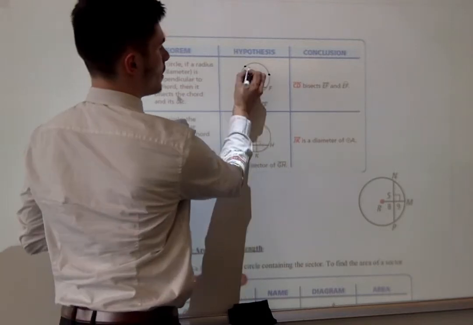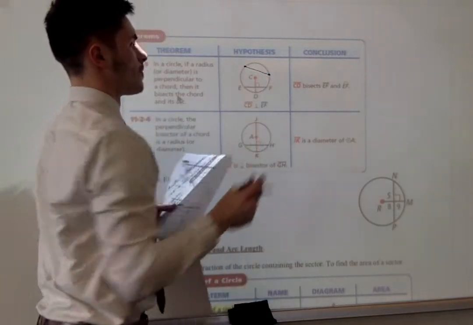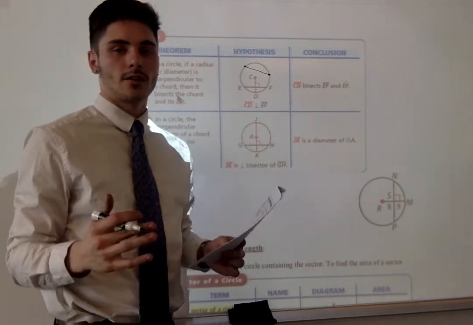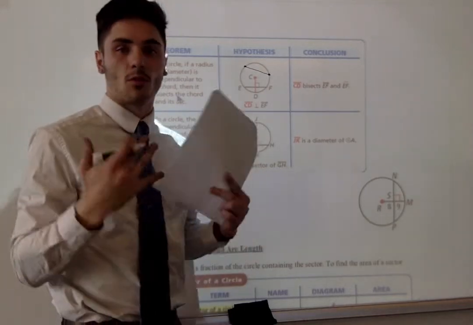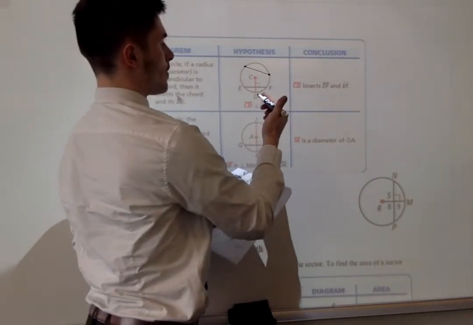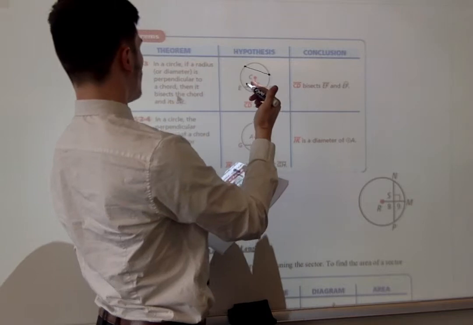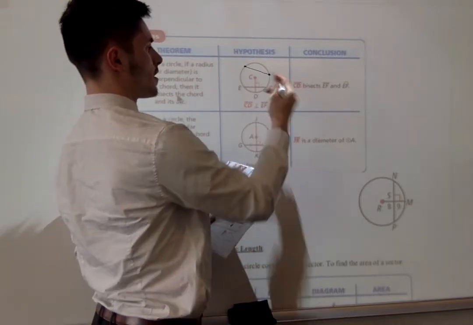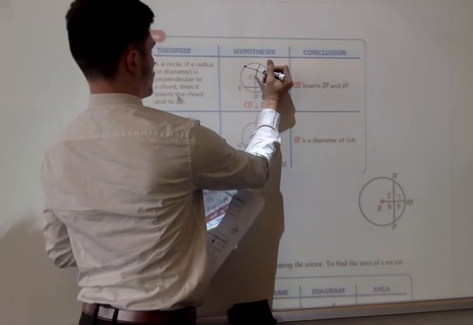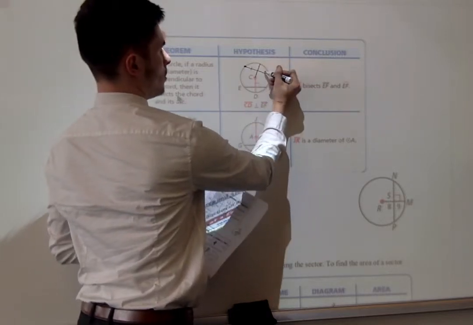If we have a chord here, wherever we bisect that chord is going to be a radius, and wherever we can fit a radius perpendicularly to the chord, these sides are going to be equal.